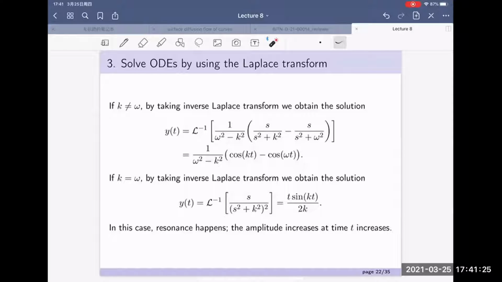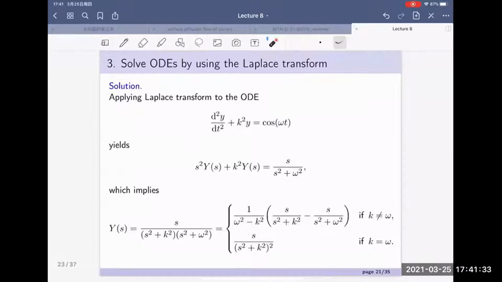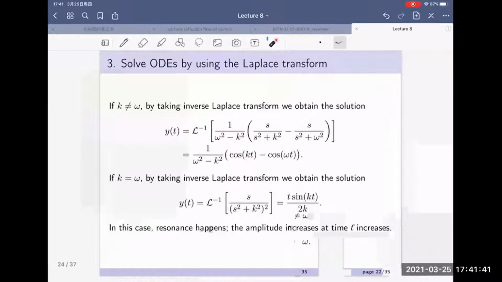Back and forth. If k is equal to omega, however, you have a square here, right? In this case, if you look at the table of Laplace transforms, the inverse Laplace transform contains an extra t.